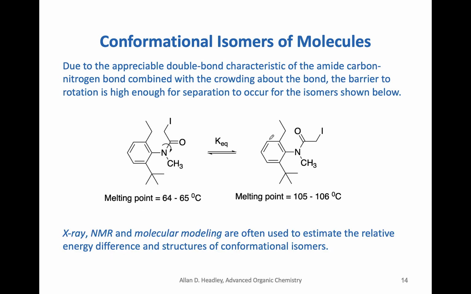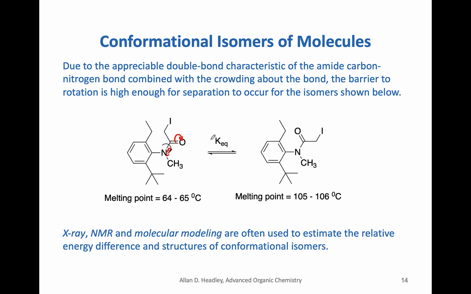Let's look at this one. Notice here that there's a carbon nitrogen bond, single bond as drawn. But of course, as you know, it has some double bond characteristics because the unshared pair of electrons here can be delocalized onto that oxygen, giving some double bond characteristics here, which makes it a little difficult to rotate.